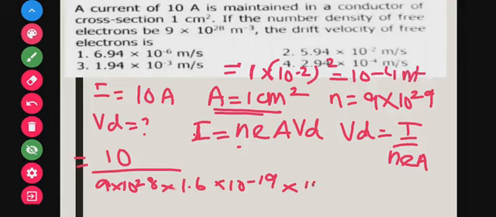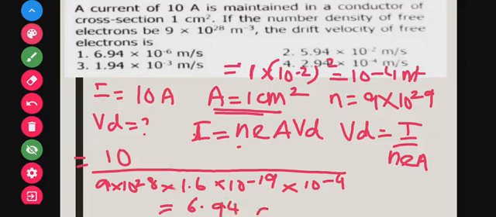If we simplify all this, we get 6.94 into 10 to the power minus 6 meter per second as your drift velocity. So the correct answer for this question is option number 1.